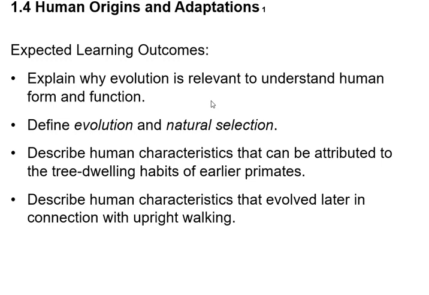We find people where they've died, and we look around and see what tools they were using, what foods they were eating, where they were living. Were they living in caves? Were they hunter-gatherers? How did they get their food? So we look at things like that. And so in this next section, we're going to talk about evolution, and we're going to talk about natural selection.